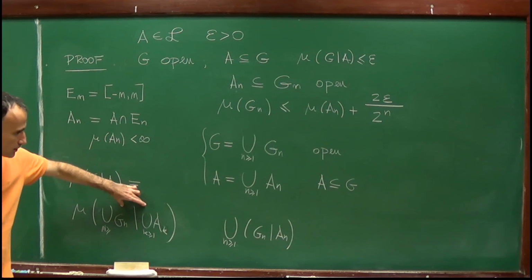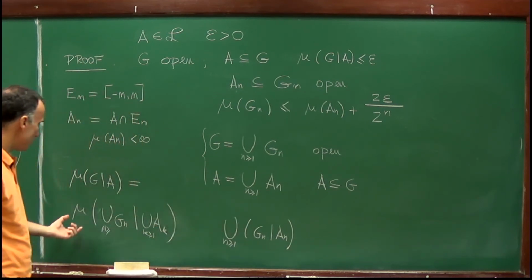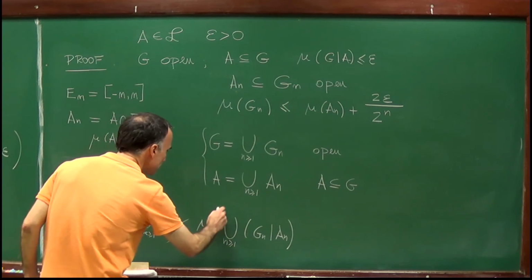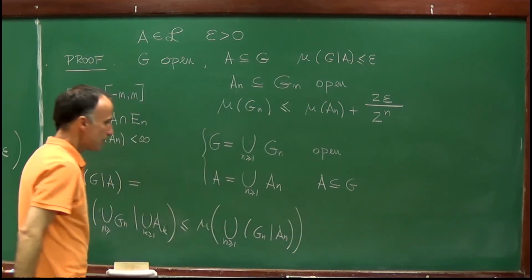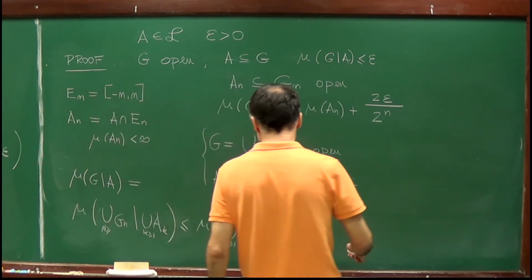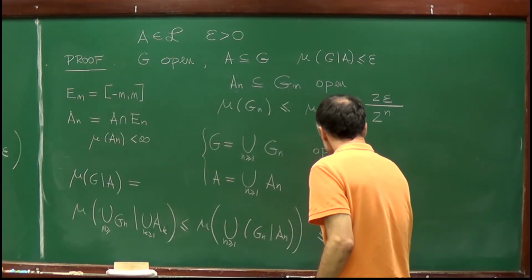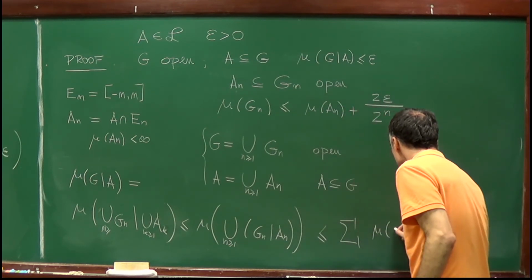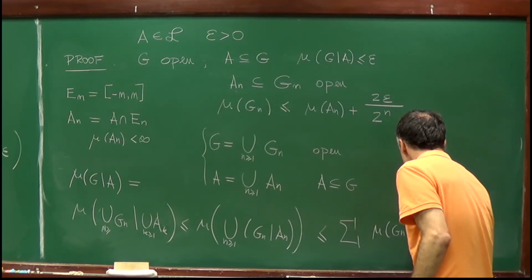So since this set is contained in that one, the measure of this set is less than or equal to the measure of that set. And by subadditivity, the measure of this set is less than or equal to the sum of the measures of G_n minus A_n.